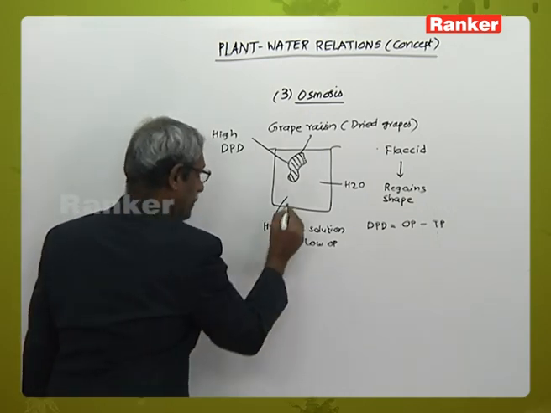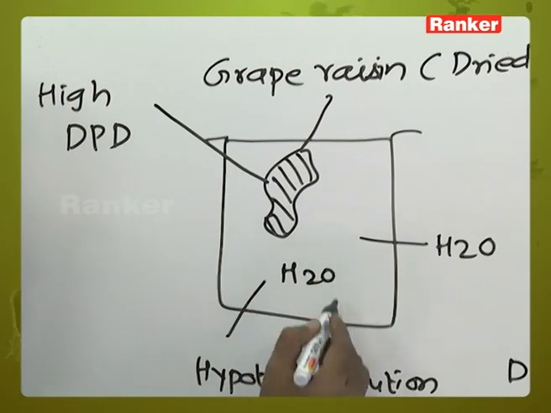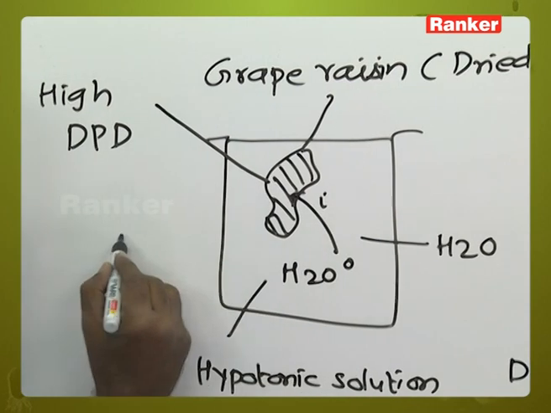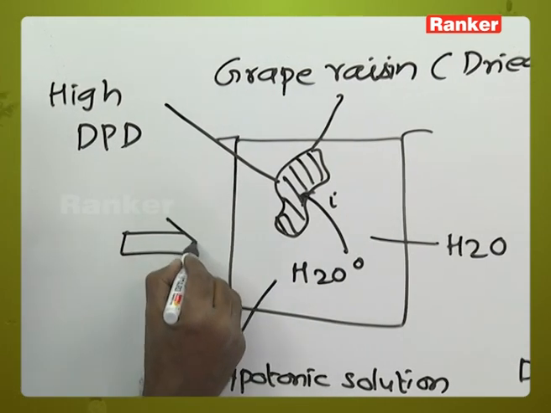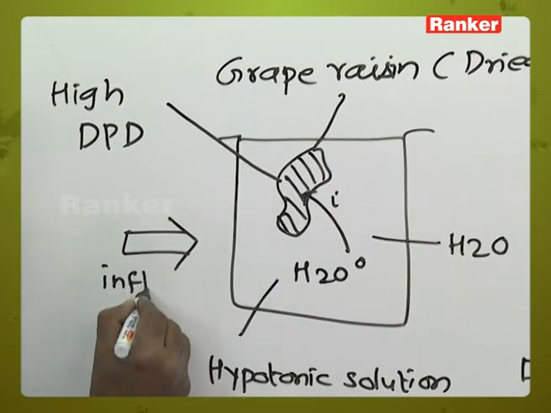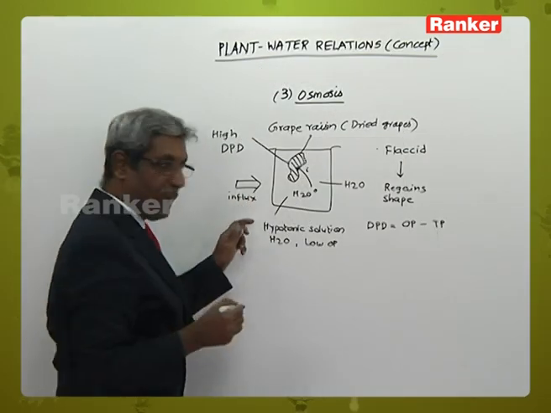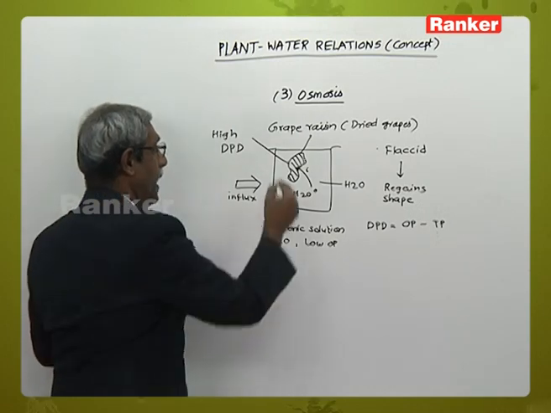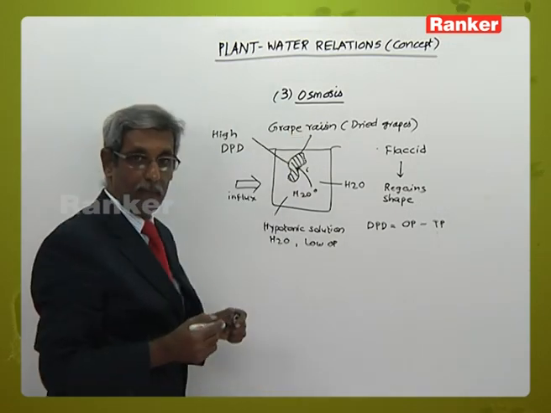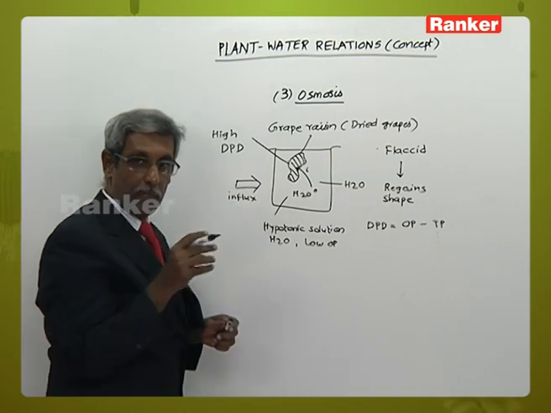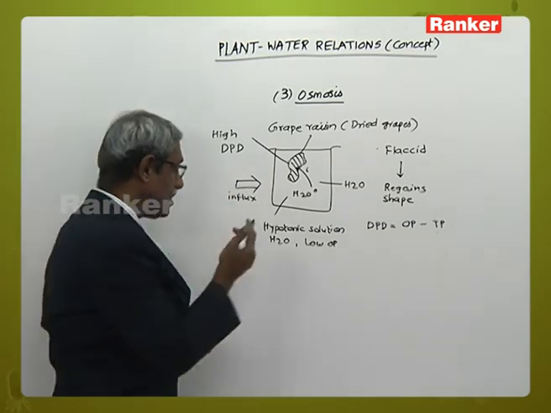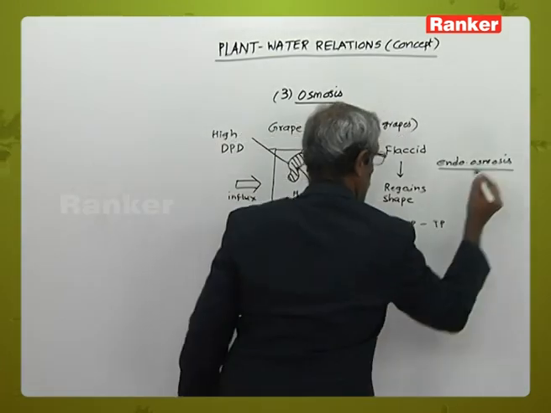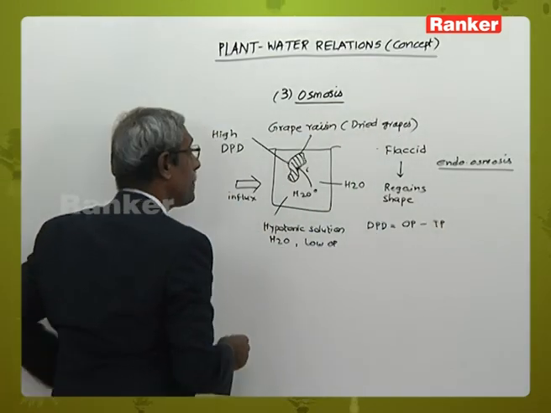Thereby the water moves from the outside to the inside. There is influx of water from the outside solution into the grapes, and this leads to swelling of the grapes. Grape raisins, when put in water, primarily swell, and this is due to endosmosis. It is due to endosmosis.